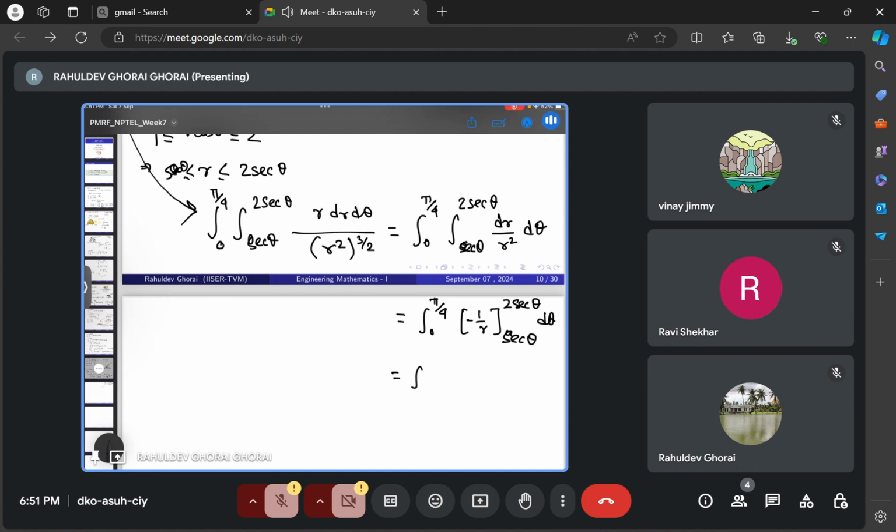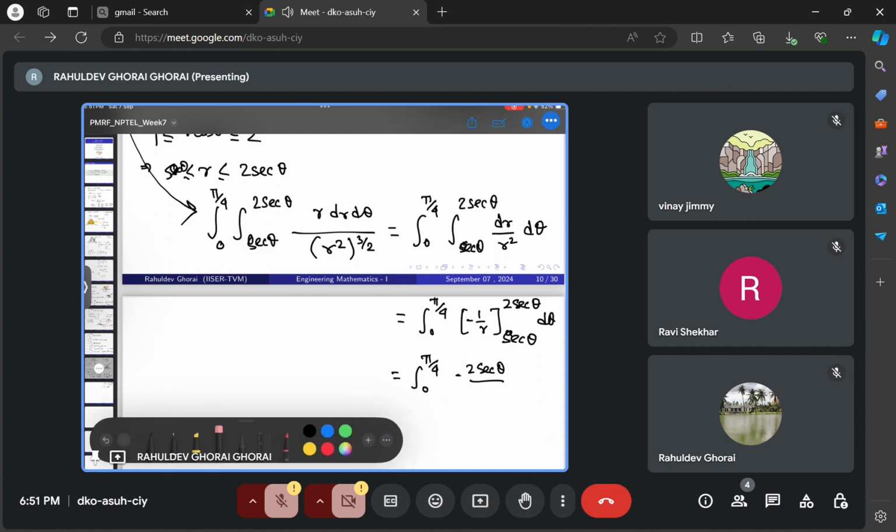So that will be from 0 to pi by 4, minus 1 over 2 secant theta plus 1 over secant theta d theta.